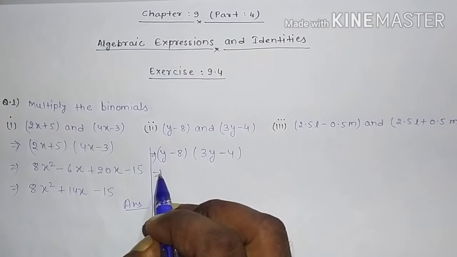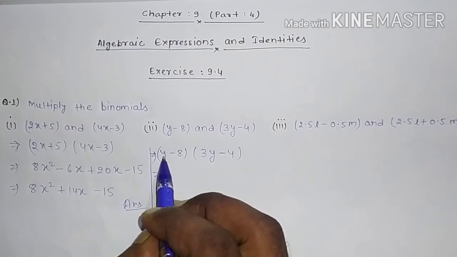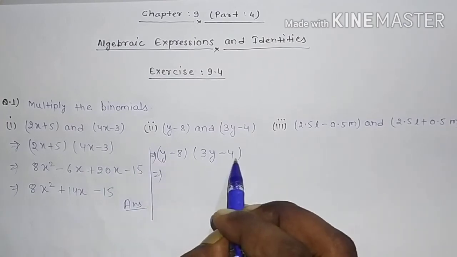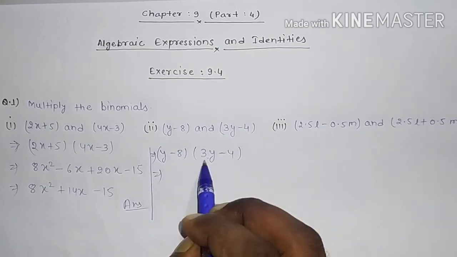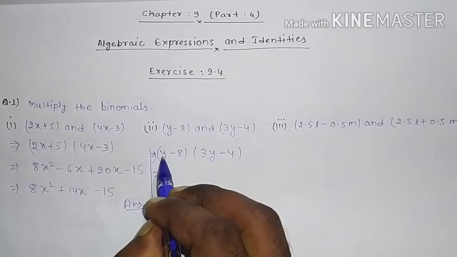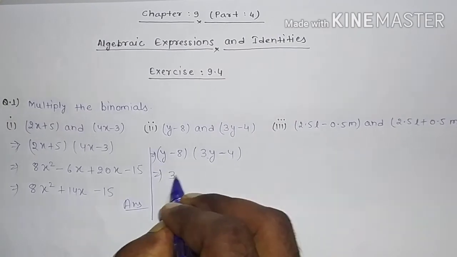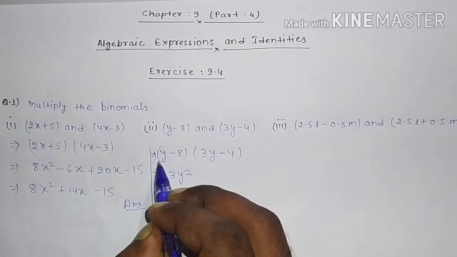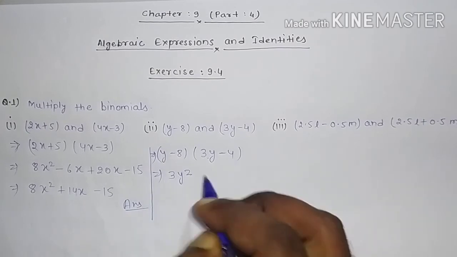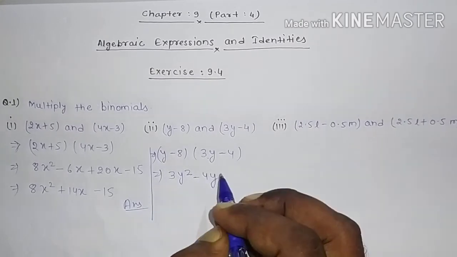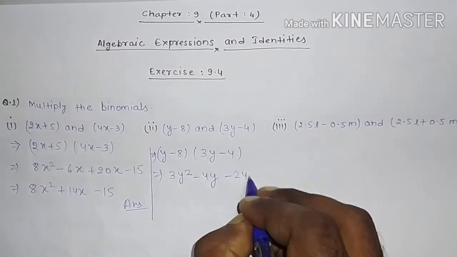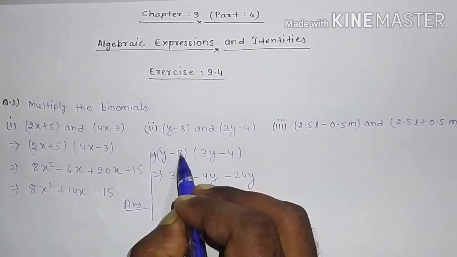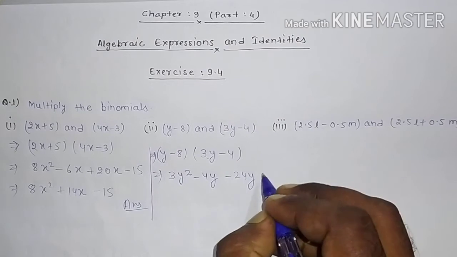The same process we have to do here. y is multiplied into both terms, then minus 8 is multiplied into both terms. y into 3y is 3y square. y into minus 4 is minus 4y. Now minus 8 into 3y: 8 3s are 24, so this is minus 24y. Minus 8 into minus 4: 8 4s are 32, so it will be plus 32.